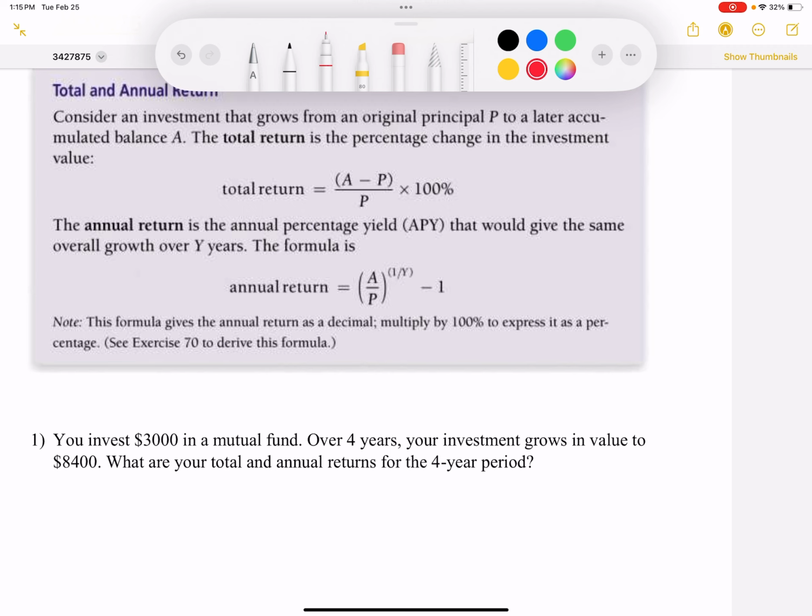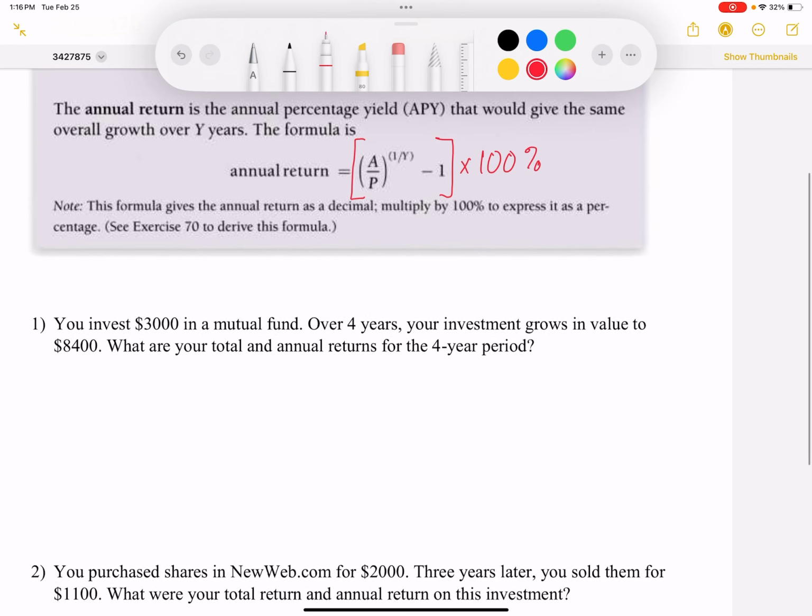And then if you think about annual returns, the annual percentage yield, this right here, is the accumulated amount divided by your principal, to the 1 over however many years you have, minus 1. And honestly, it should be this whole thing times 100%, all right, because it's a percentage.